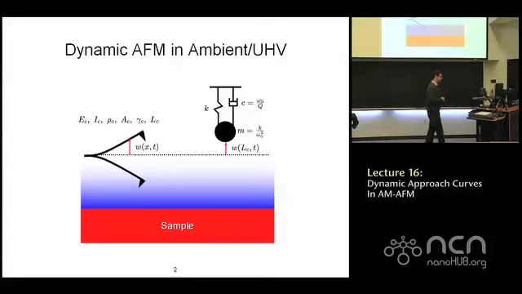This is a pretty good approximation, particularly in ambient conditions for most conventional applications. There are some advanced applications where maybe we drive the cantilever off resonance, or have bimodal or multi-frequency excitation, but conventionally, operating near the bandwidth of the first resonance in ambient, the single degree of freedom approximation is pretty good. That's basically what we're going to be doing today.